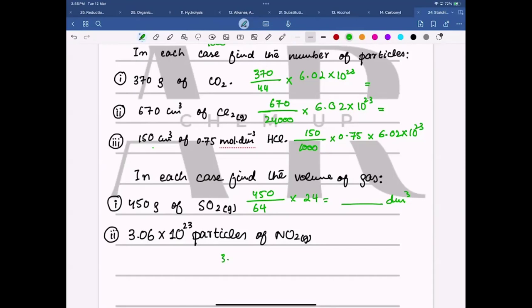In the same way, if I am given the number of particles, I have to divide it by Avogadro's number to find the number of moles, and multiplying those moles with 24 decimeter cube will give me the volume in decimeter cube, and 24,000 centimeter cube will give me the volume in centimeter cube.